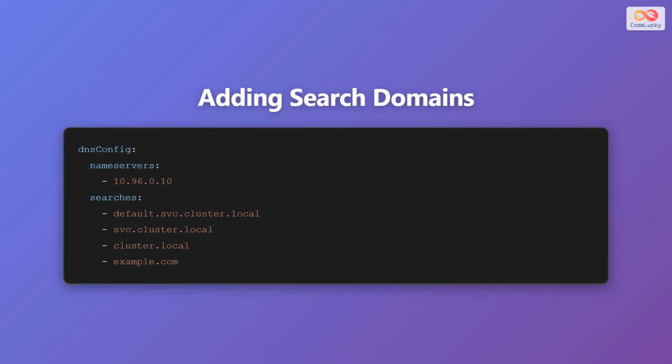This includes default.svc.cluster.local for the default namespace, svc.cluster.local for all services, cluster.local for the entire cluster, and example.com for an external domain. When your application tries to resolve a short hostname, Kubernetes will automatically append these search domains in order until it finds a match, making it much easier to reference services without using fully qualified domain names.